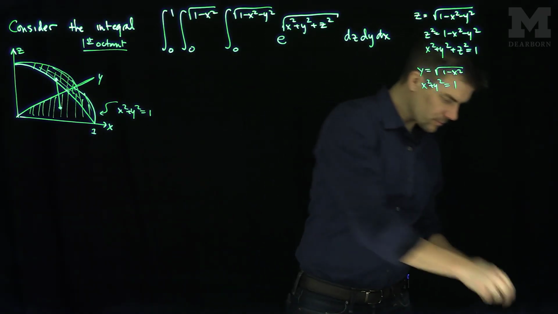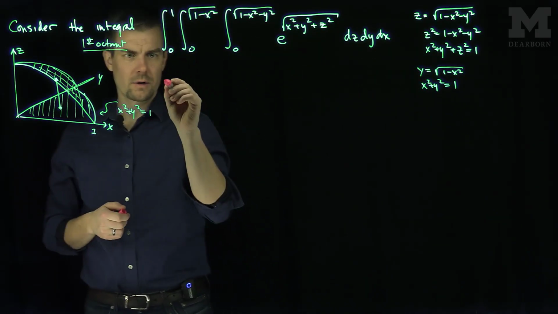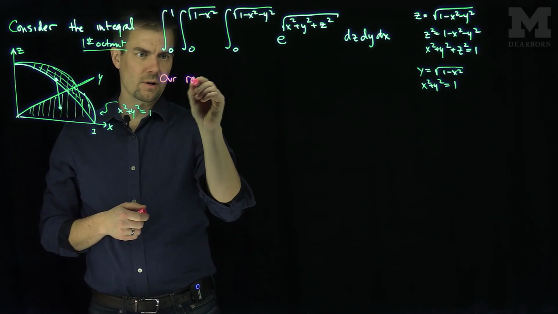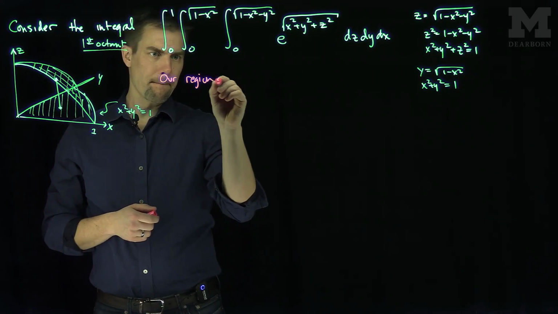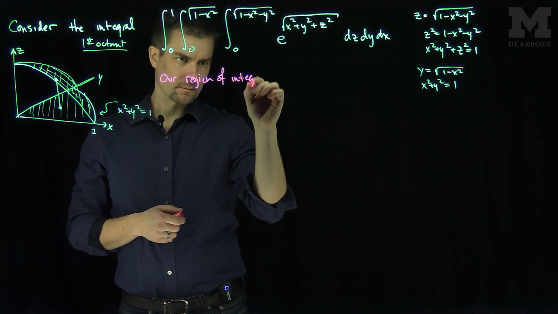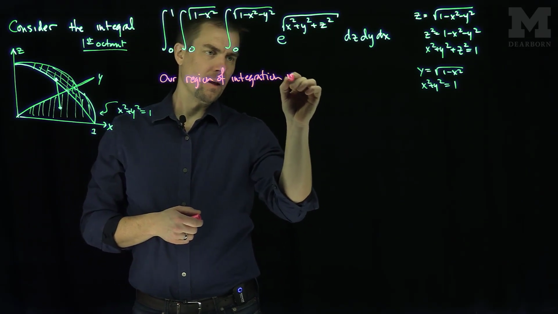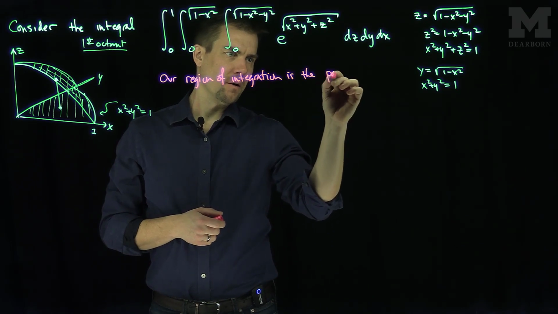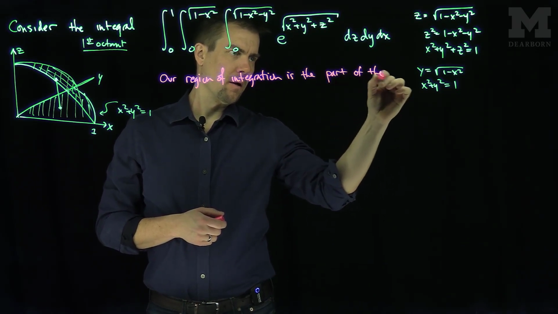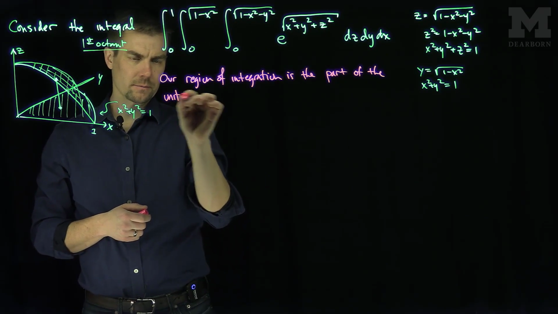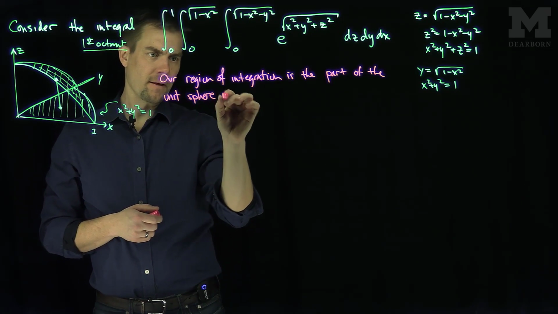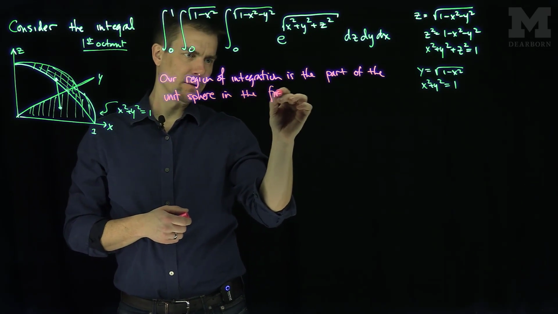So our region of integration is the part of the unit sphere in the first octant.